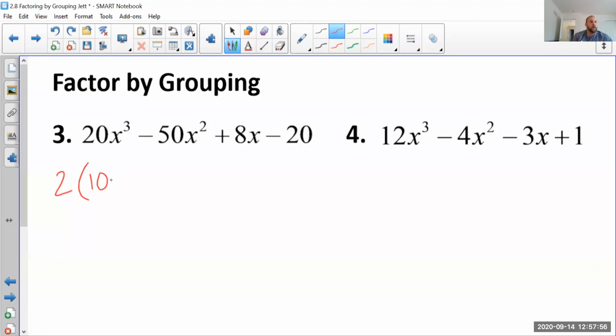So that gives me 10x cubed minus 25x squared plus 4x minus 10. Now, what makes this problem a little bit harder is the number of parentheses. Because now I need to put parentheses with my parentheses.